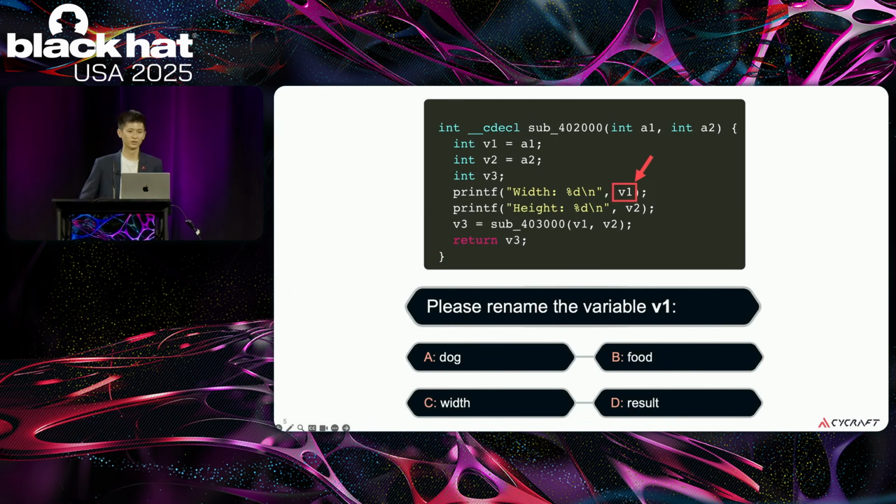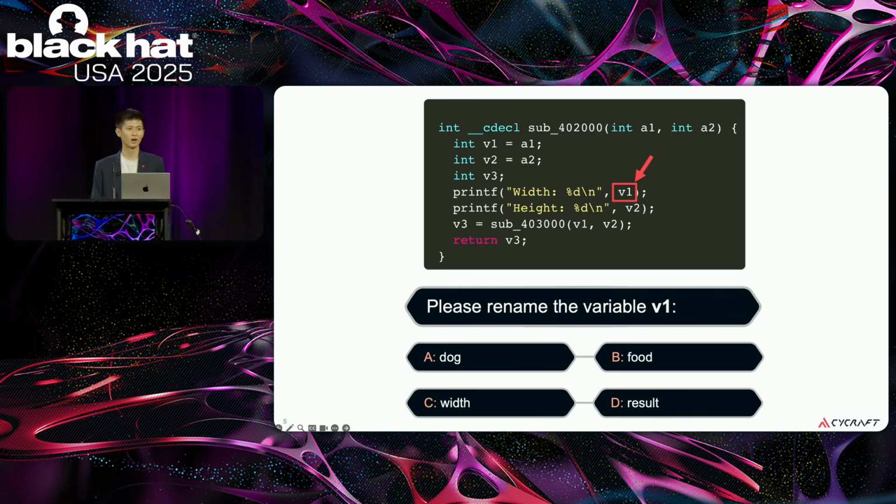Let's go. At the beginning of the talk, I want everyone to really understand what kind of challenge the language model is facing. So I need you to do something for me. Please pretend you are a language model for the next 2 minutes. Here is the system prompt: please act as a professional malware reverse engineer and try to rename the variable v1.